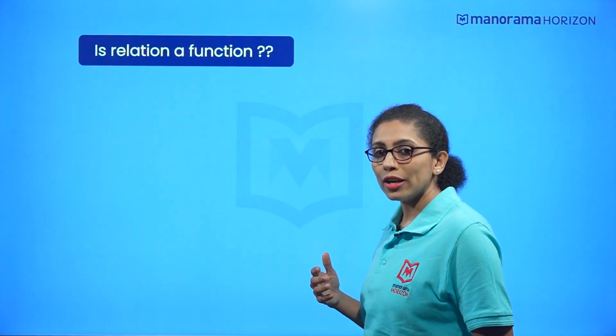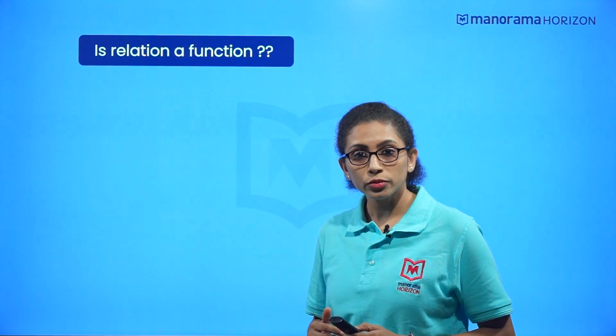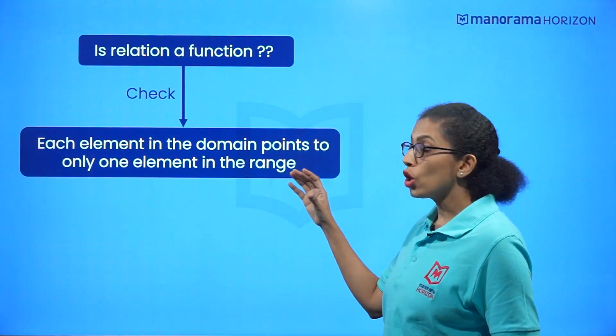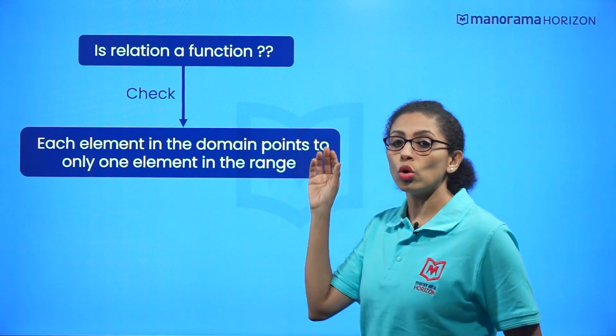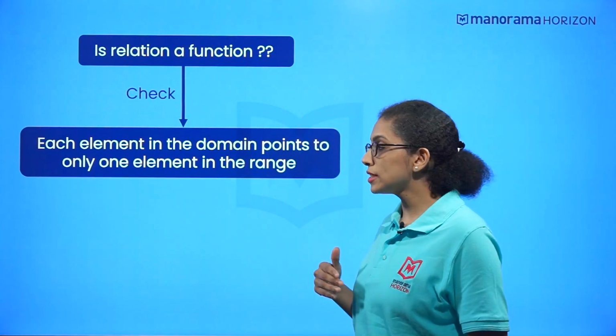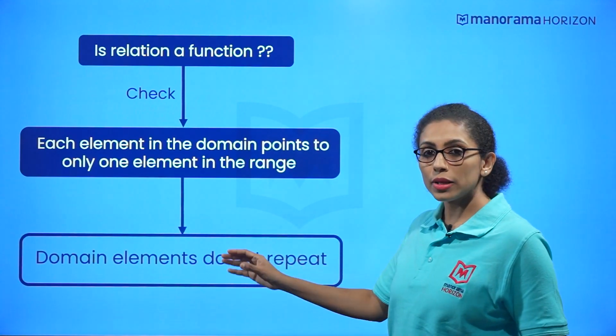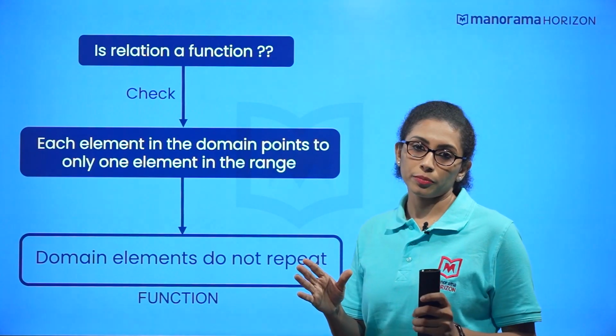Now, how can we check whether the given relation is a function or not? We need to check whether each element in the domain points to only one element in the range. Putting more simply, if domain elements do not repeat, then it is a function.